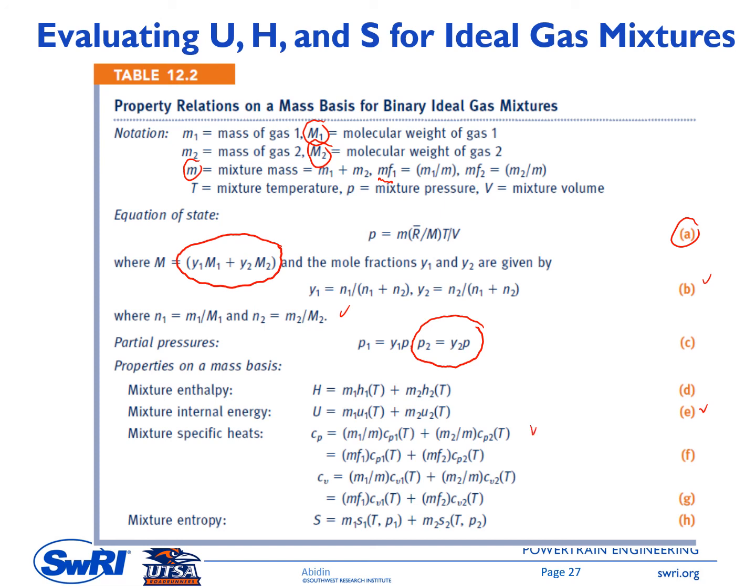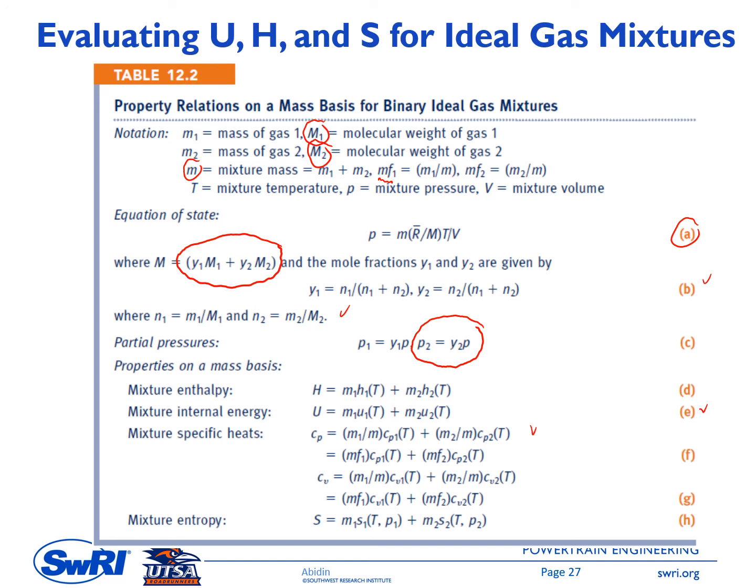So Cp equals m1 over m times Cp1 plus m2 over m times Cp2. Okay, so it has a slightly different formula here for Cp.